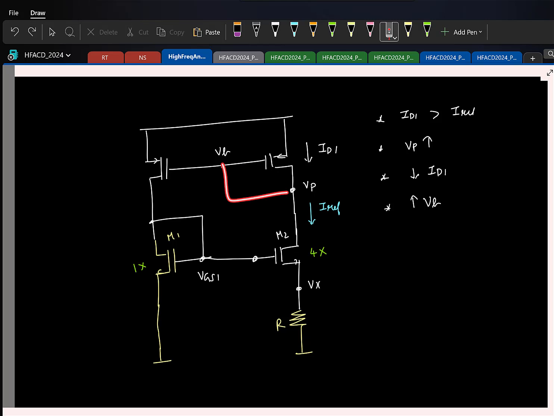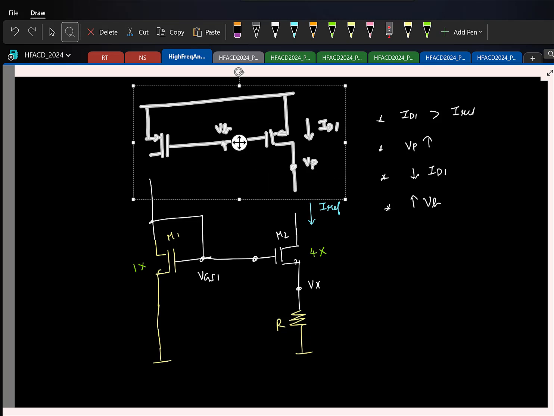If I connect it, this will get set to some value to keep the two currents equal. But in addition to making the two currents equal, I also need to make sure this voltage tracks this voltage, right? So which means I can no longer do the diode connection. What should I do?